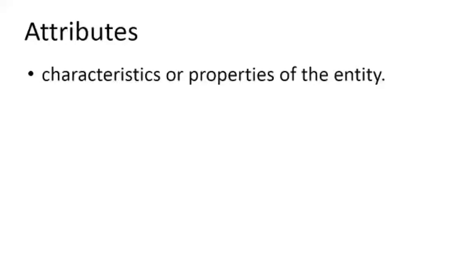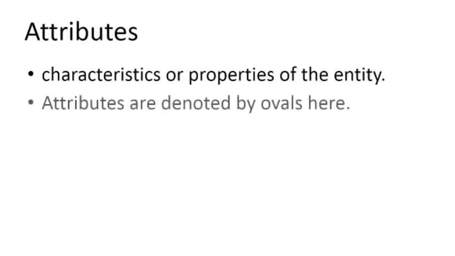So let's consider that we are collecting the details of the patient. What are the things we are going to collect? That is his name, his age, his disease, and all those. Those things are nothing but characteristics or the properties of the person, that is that entity. So those are denoted with the help of ovals.